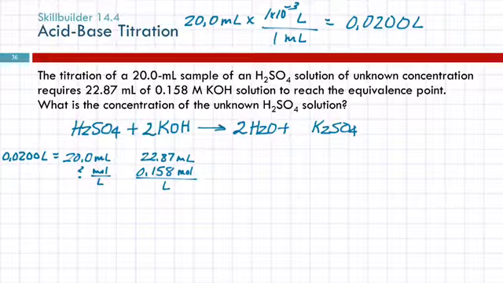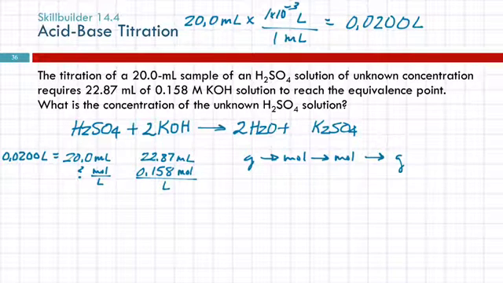We need moles of H2SO4. Normally in stoichiometry, we would go grams to moles to grams, right? And what we're ending up with is the H2SO4. But we don't want grams, do we? For this concentration, we need moles of sulfuric acid.